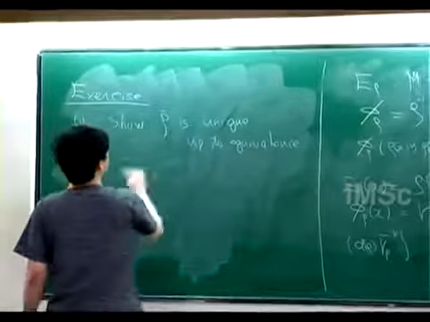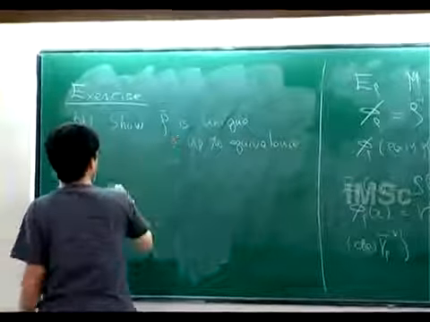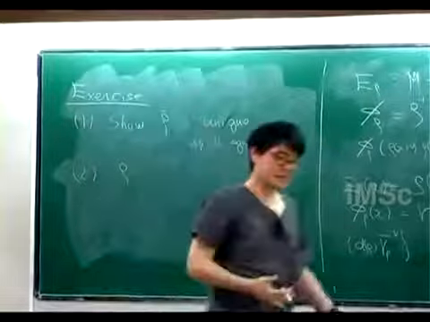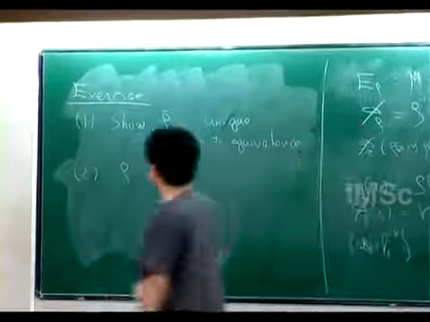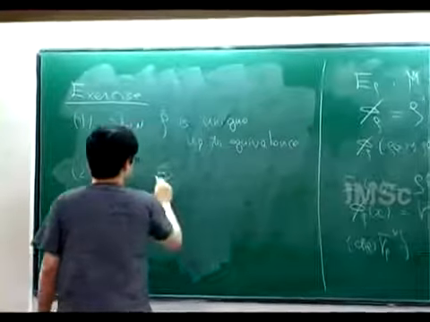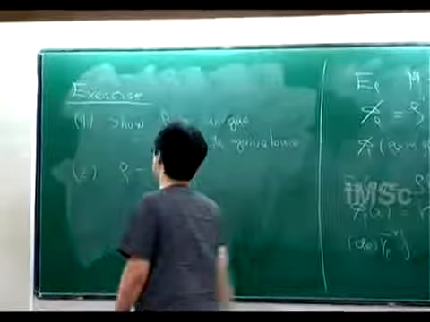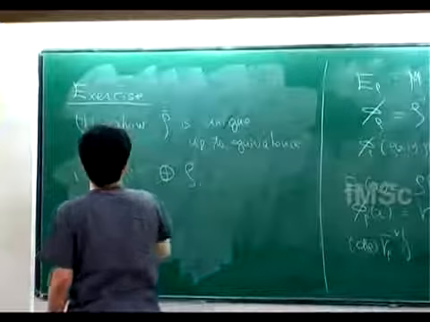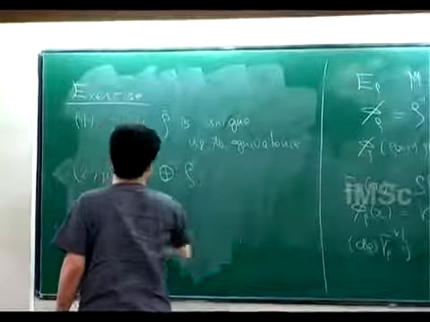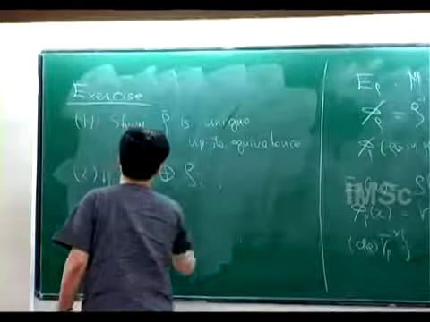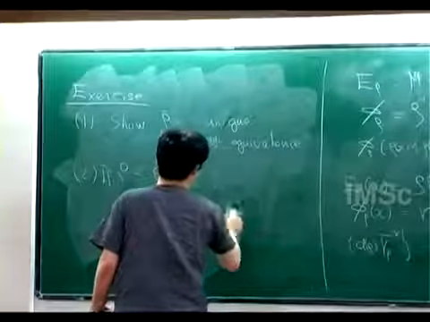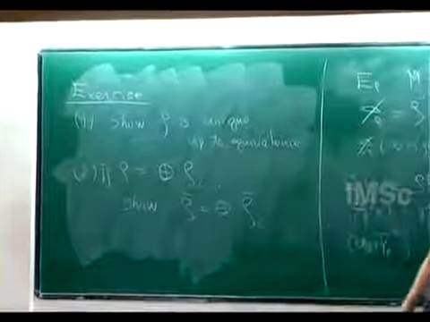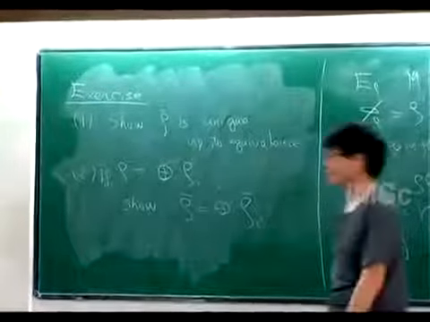And second, after you show the first, the second one is easy. I didn't assume that rho is irreducible. So if rho has this irreducible decomposition, rho bar is given by this natural sum.